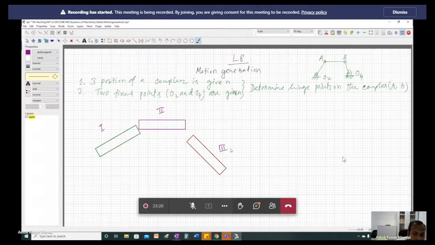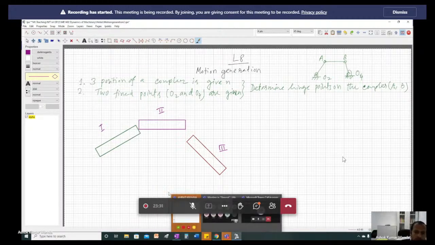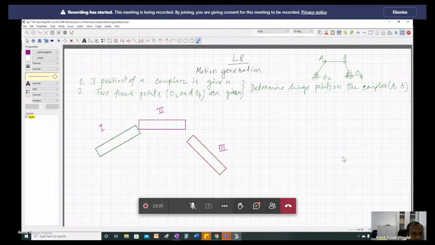This is given. This is a requirement for some application. Suppose you have been given this requirement, and there will always be some kind of constraint of space. From those constraints, one can specify the two hinge points.